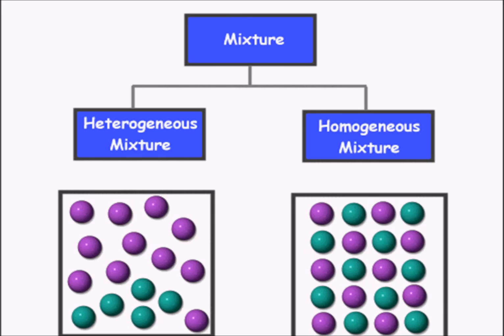If I give you an example of sugar and water, we call it sugar solution, which is a homogeneous mixture because all the parts of the sugar solution have the same sugar-water composition and appear to be equally sweet. So there is no visible boundary of separation between sugar and water particles. If we compare with the second one, that is heterogeneous, the mixture of sugar and sand is a heterogeneous mixture because different parts of the mixture will have different sugar-sand composition. Some parts will have more sugar particles, whereas other parts will have more sand particles, as there is a visible boundary of separation between sugar and sand particles.